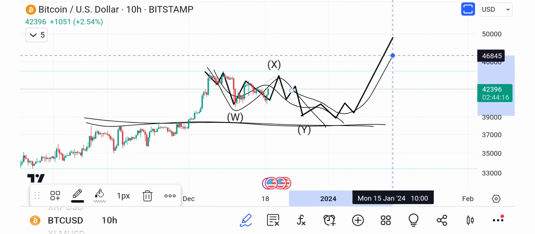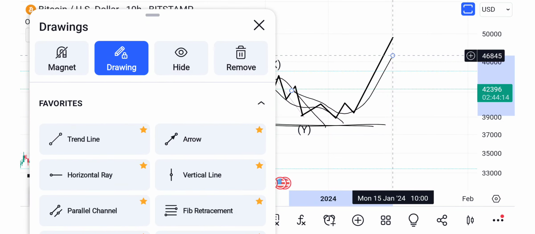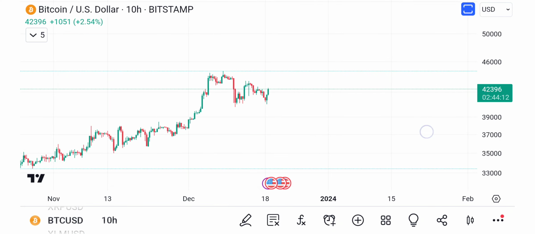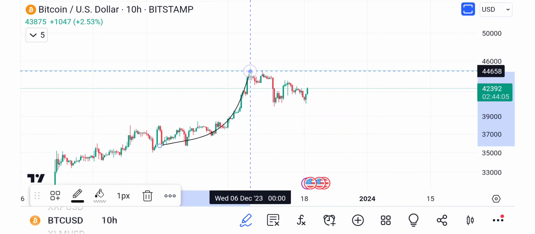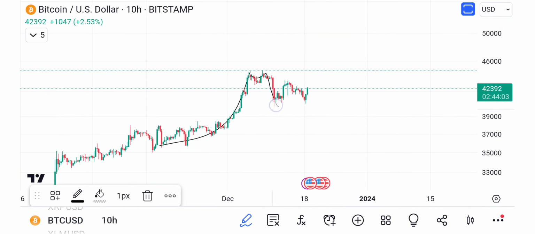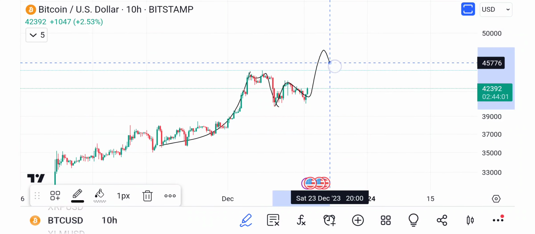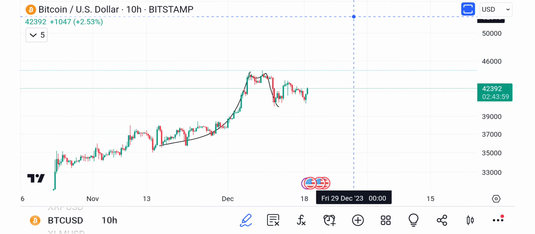So there you go. Those are the ideas. That's all the ideas I have for now. And just real quick, this is a 5-wave move with an ABC, and this is a 1, 2, and now we're going to go 3, 4, 5, right?